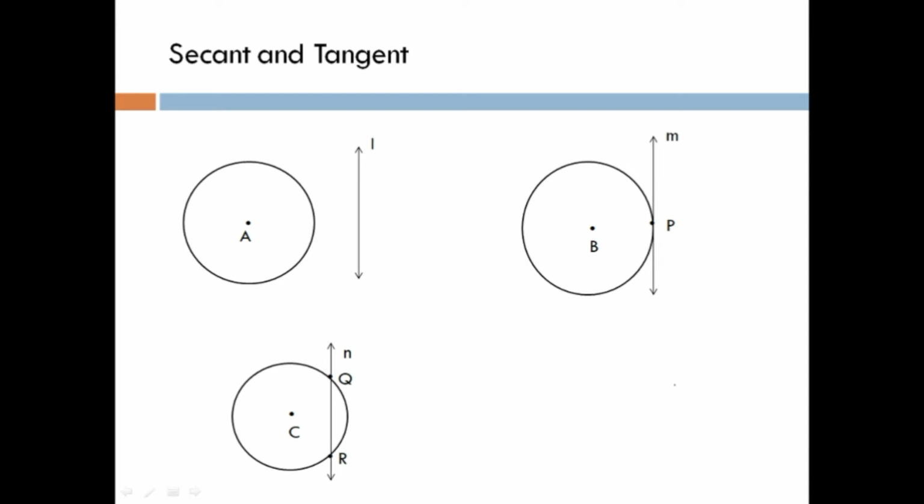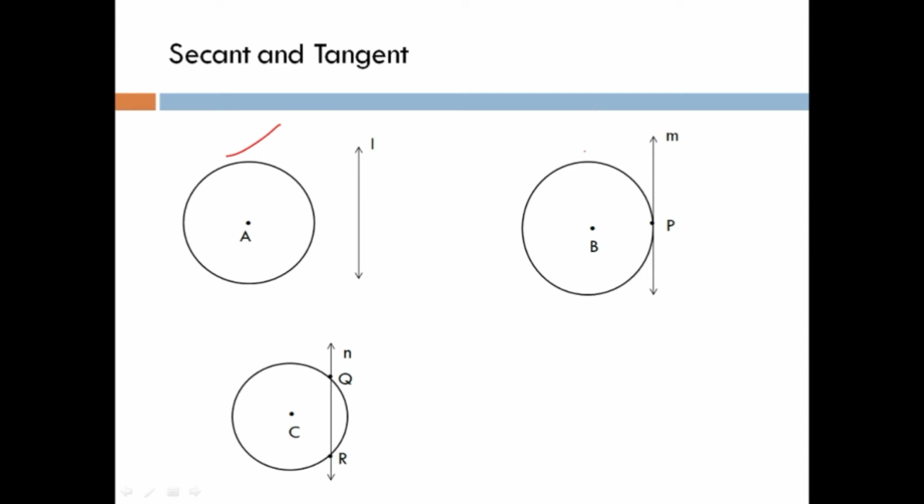So in the first figure, the figure in which the center of the circle is A, we have a line L which does not touch the circle at all. So this is just a separate line, and this is just a separate circle.